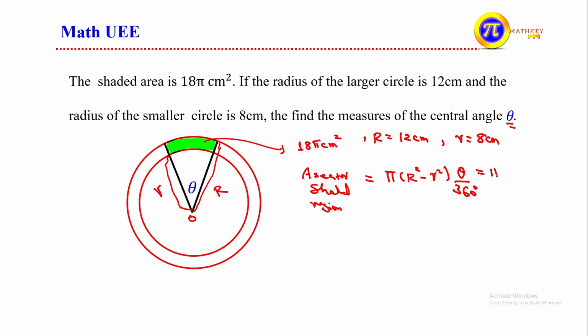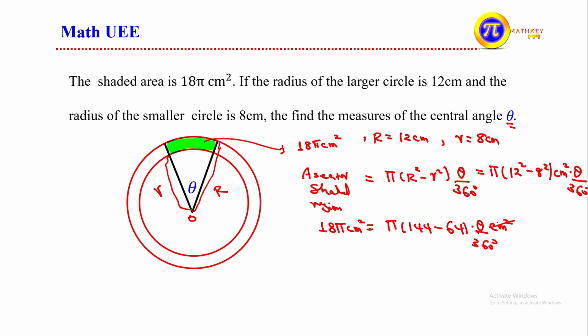This equals pi times 12 centimeter squared minus 8 centimeter squared, times theta over 360 degrees. The area of the sector, the shaded region with green color, is 18 pi centimeter squared, which equals pi times 12 squared, meaning 144, minus 8 squared, meaning 64, times theta over 360 degrees.